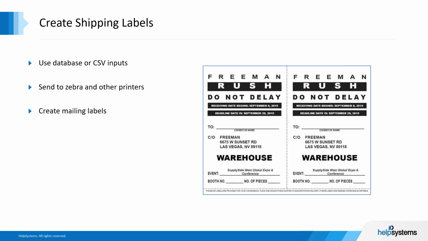Labels can be dynamic text, images, barcodes to help meet your label production requirements. And the labels can be printed on any laser printer, Zebra label printers, and any other format as needed.